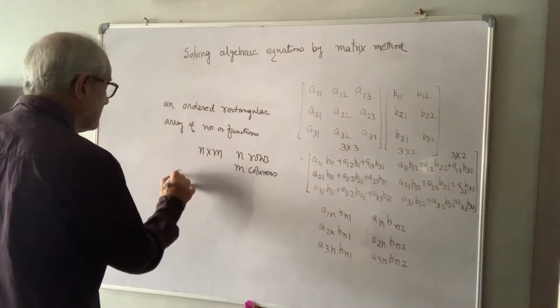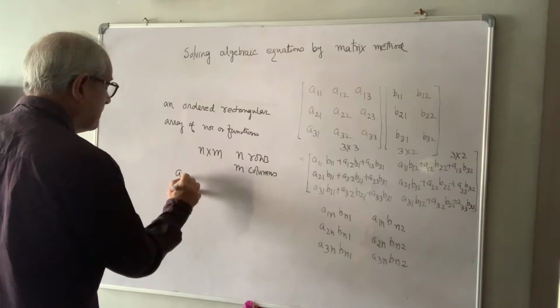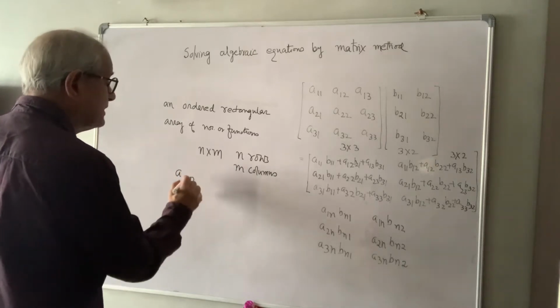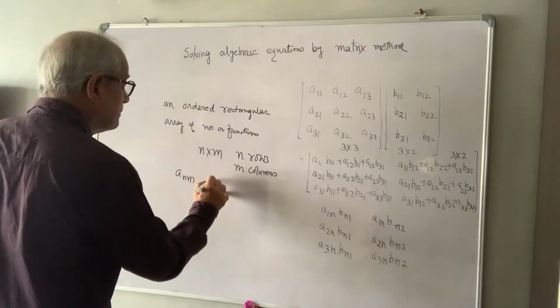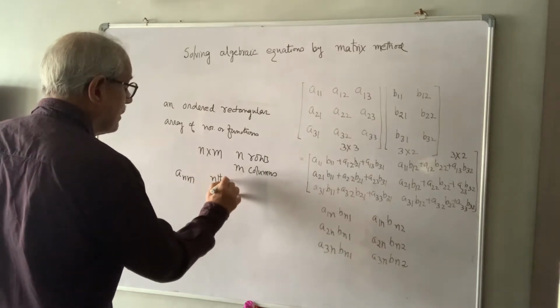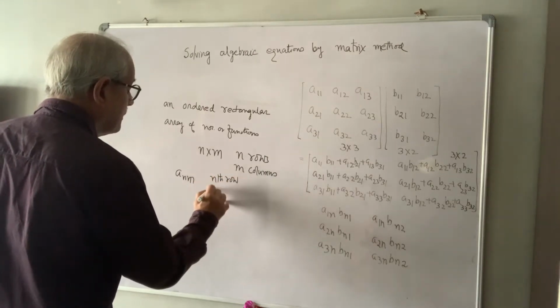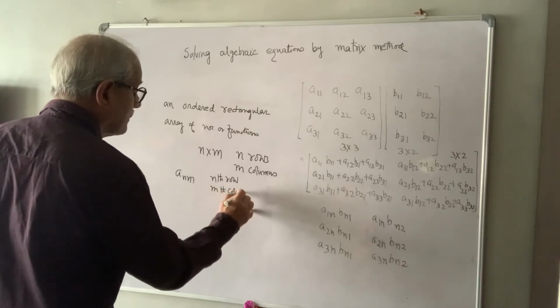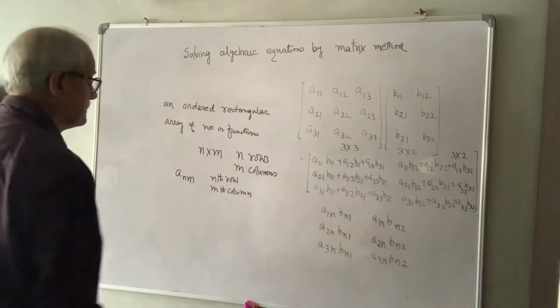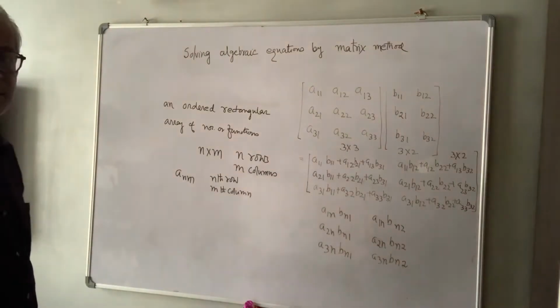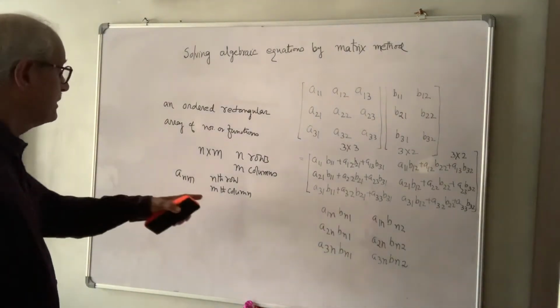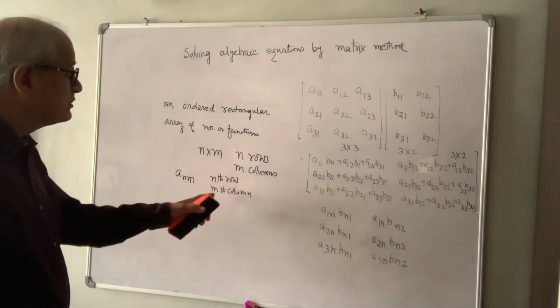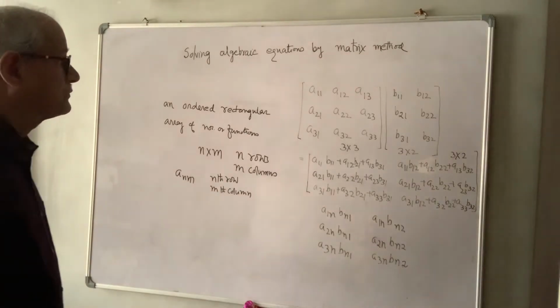And an element Anm means it is in the nth row and mth column. If the matrix element is Anm, then it must be in the nth row and mth column.